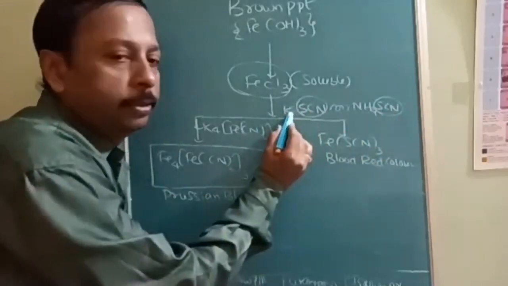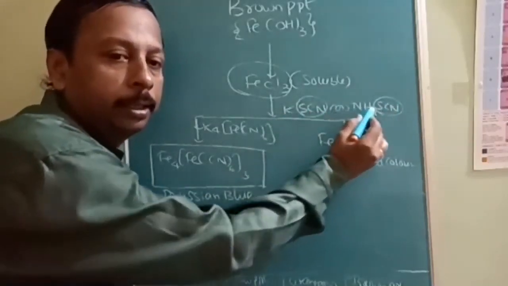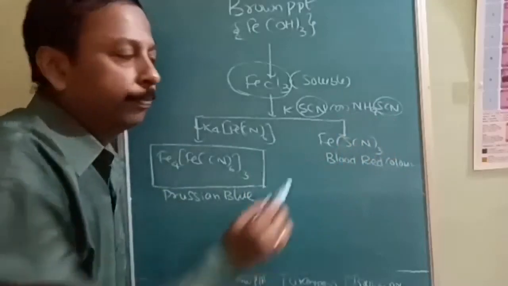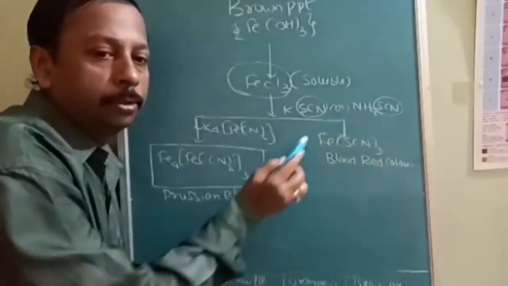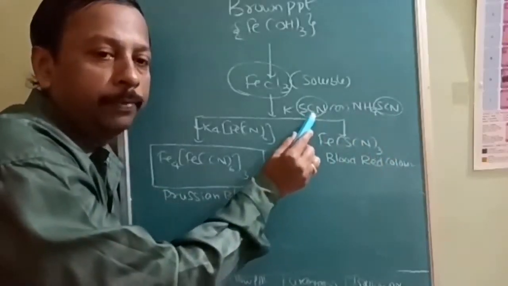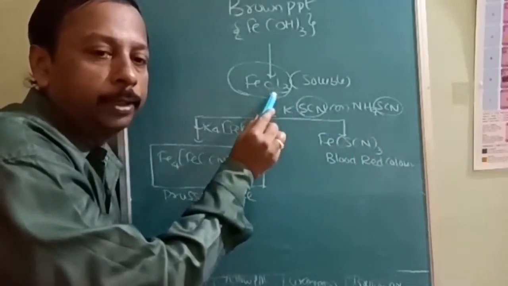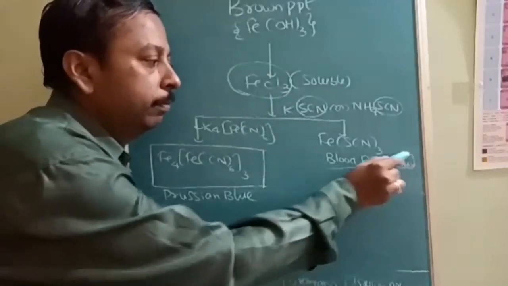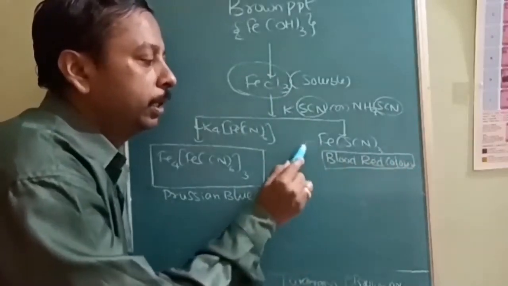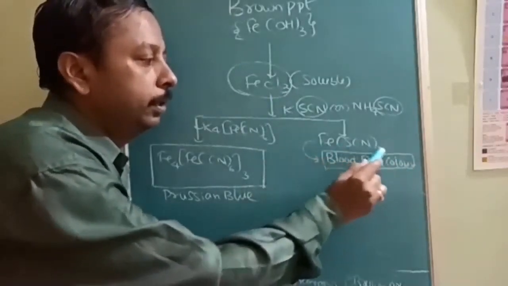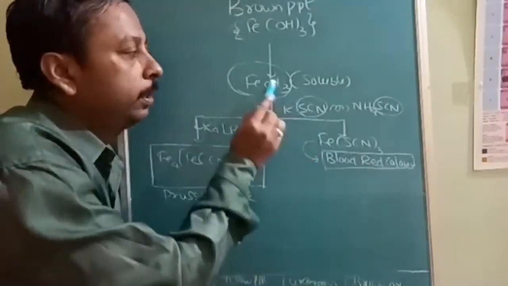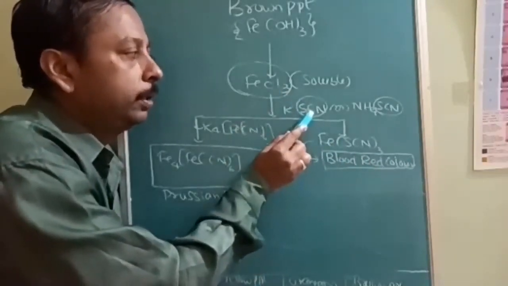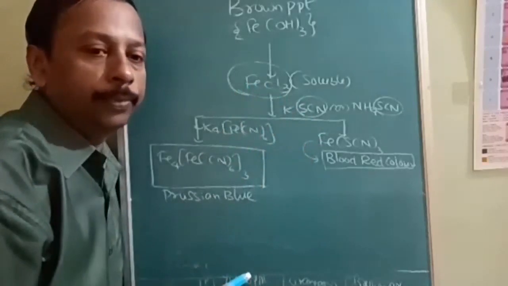For that purpose, you can use either KSCN or NH4SCN. You can use either of them. Understood? So SCN will replace all 3 chlorines to form the blood red coloration. Which coloration? Blood red coloration. The formula is Fe(SCN)3. Simply it is a displacement reaction. SCN replaces the Cl3.